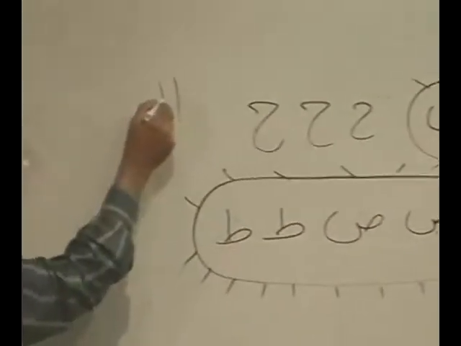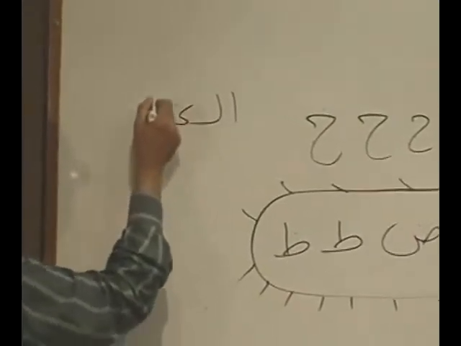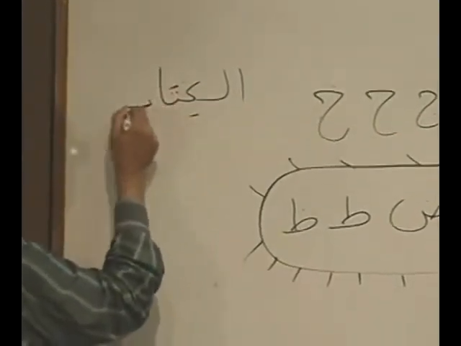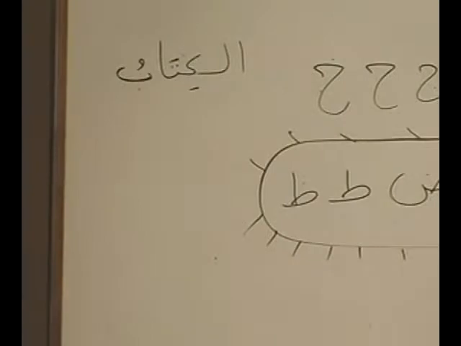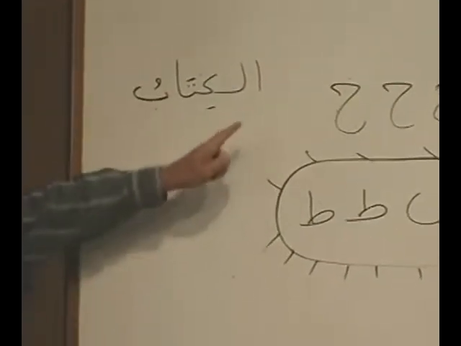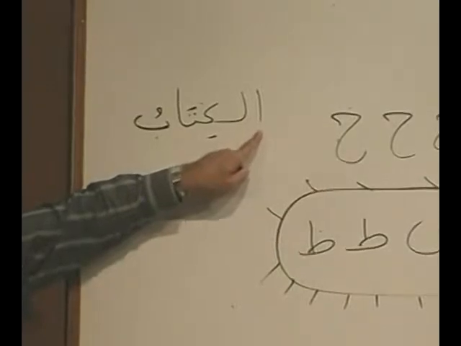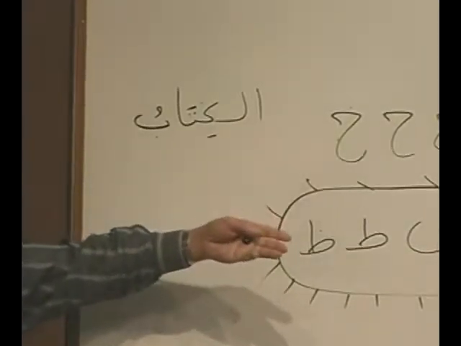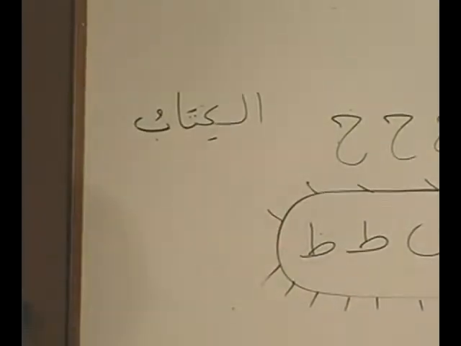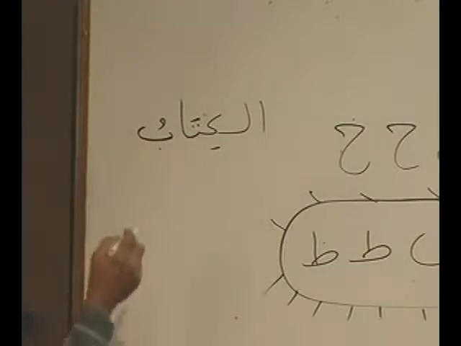Number 1. If I write down, brothers and sisters, Al-Kitabu. What is this, brother? No, alif has no sound. It is Hamza.